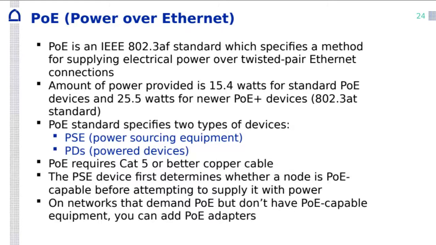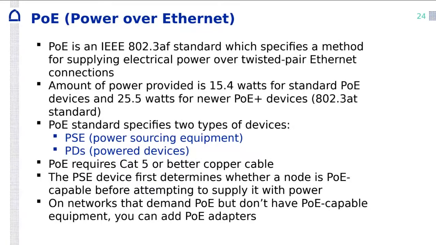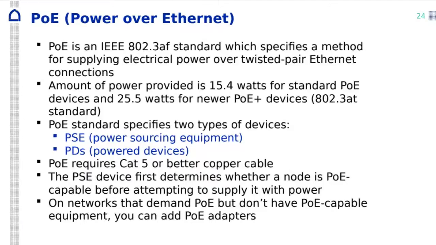And if you see some switches or some cameras, they don't have a power cable, right? So where are they getting the power? They are getting the power from the network cable, from the switch. Because the switch is a PSE device, and that type of device is a PD.